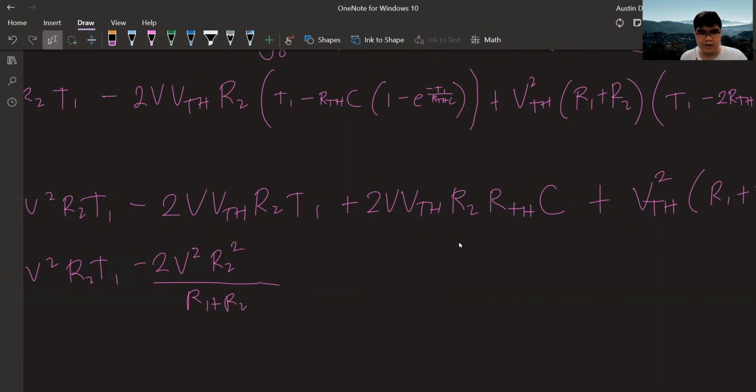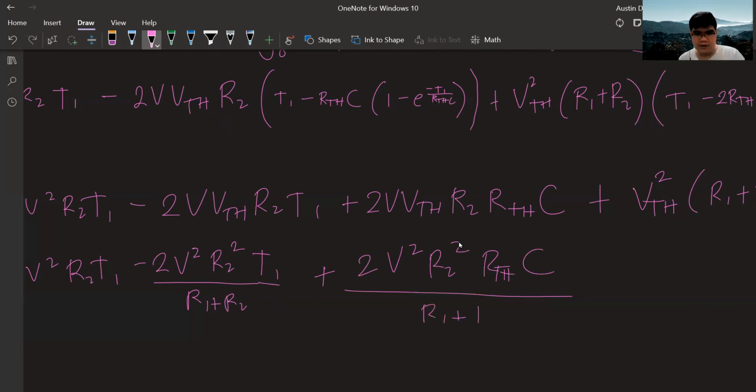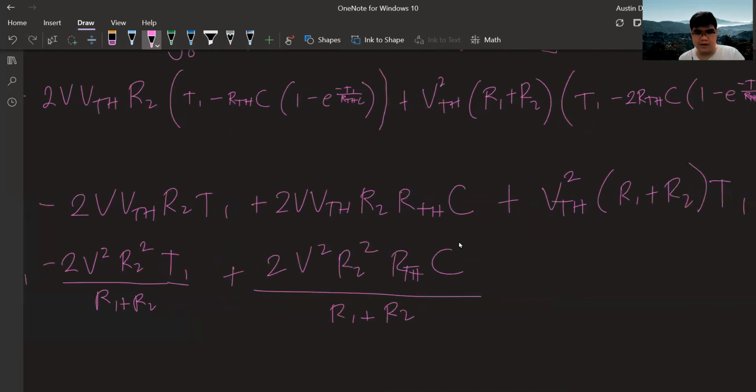Then squared na 'to kasi may extra pa. And then plus this guy is 2 V squared R2 squared R_th C over R1 plus R2. I hope they cancel out with each other.